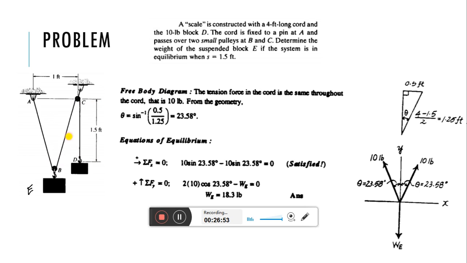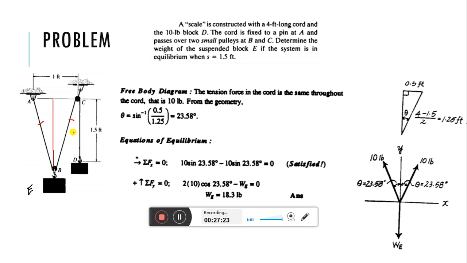Now A, B, C. I think you can guess from this geometry that always AB should be equal to BC.